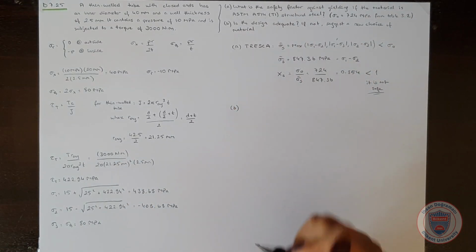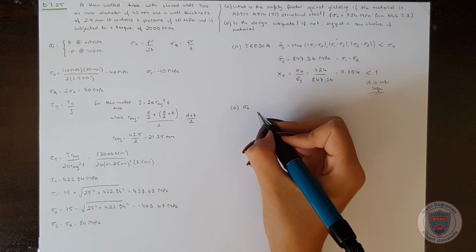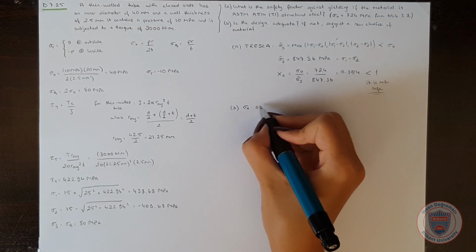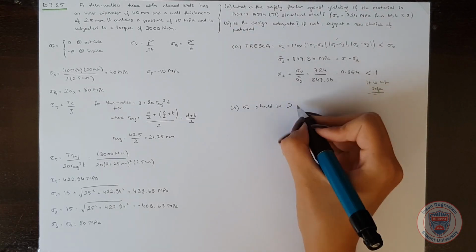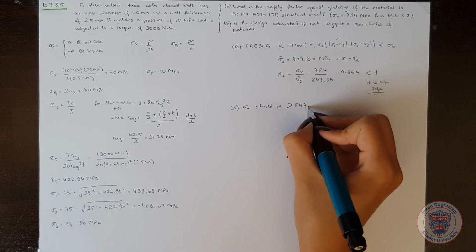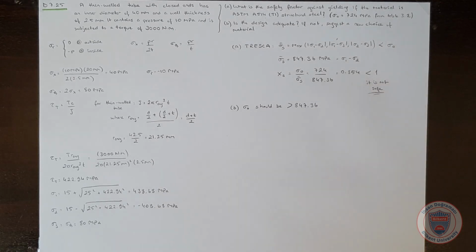For this tube to be safe, the yielding strength should be bigger than 847.36.